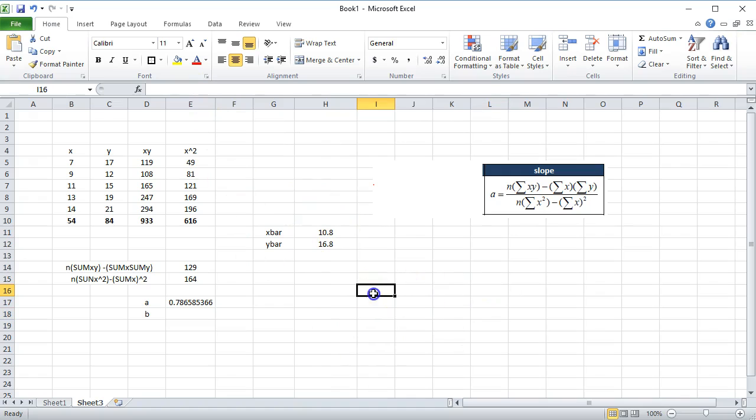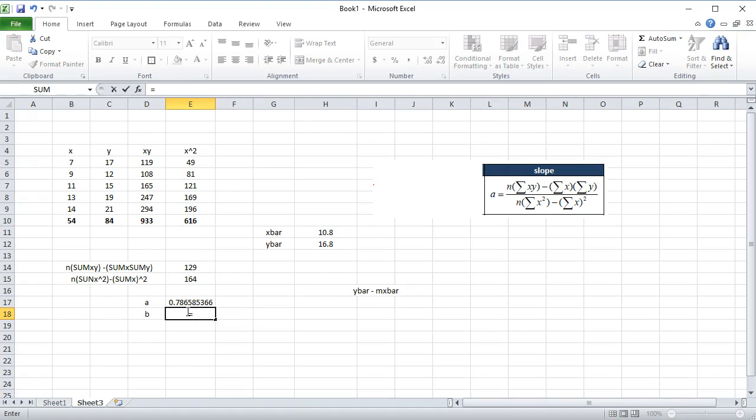Just in case you don't remember, y minus mx is how we get the intercept. So you could say y bar minus m x bar. So y bar minus the slope times x bar.